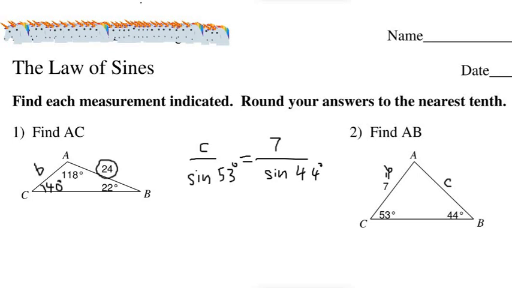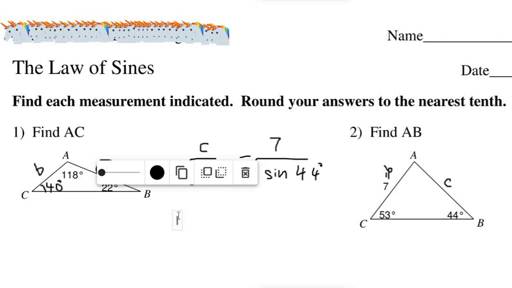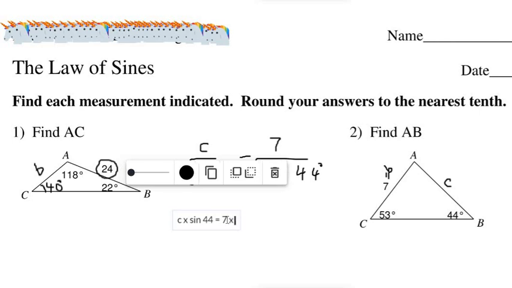So now again we can cross multiply, and that will give us c times sine 44 is equal to 7 times sine 53. And so if we need to find c, we need to divide both sides by sine 44 degrees.